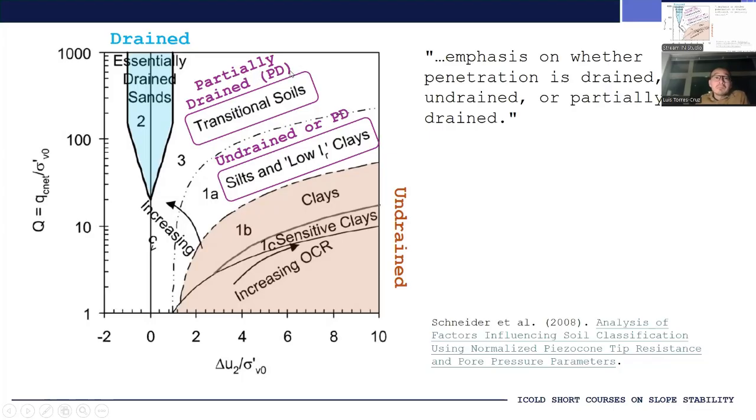So there is some development of excess pore water pressure, but also some dissipation. And this is quite common for non-plastic tailings. And if it plots over here, your data might be indicating that the penetration was undrained or it was partially drained. Okay, so this is the Schneider et al. 2008 chart.